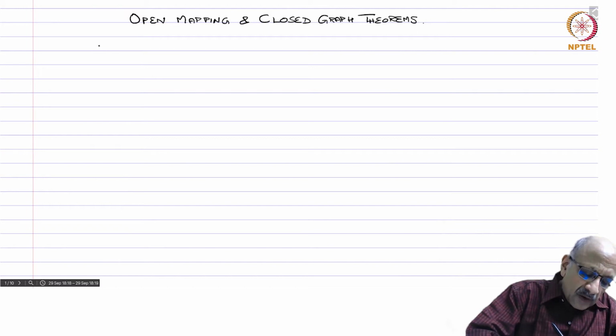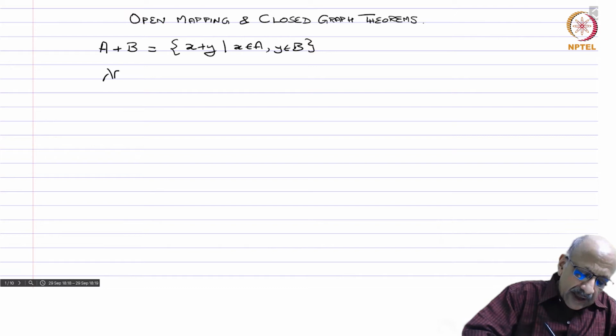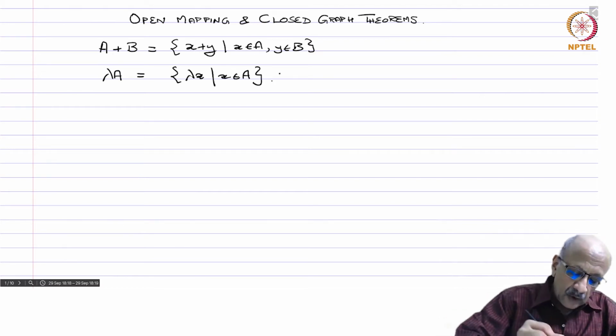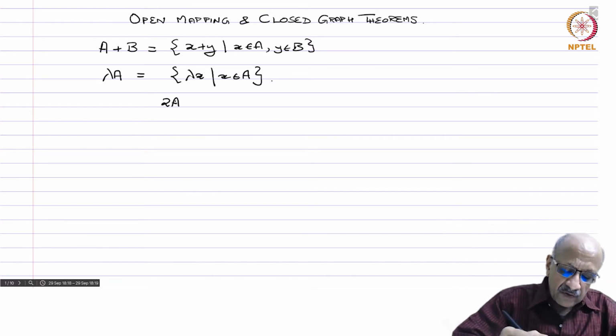So if you have a vector space and you have two sets A and B, then A plus B is nothing but the algebraic sum, the set of all x plus y, x is in A, y is in B. Similarly, if lambda is any scalar, then lambda A will be the set of all lambda x, x in A. So if you take 2A, this is the set of all elements of the form 2x.